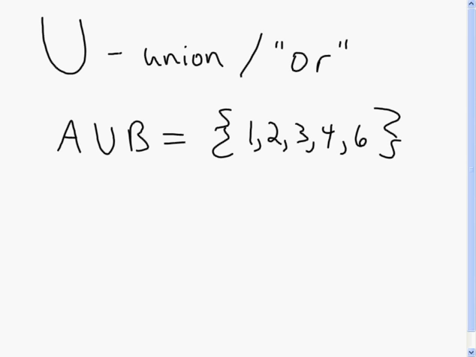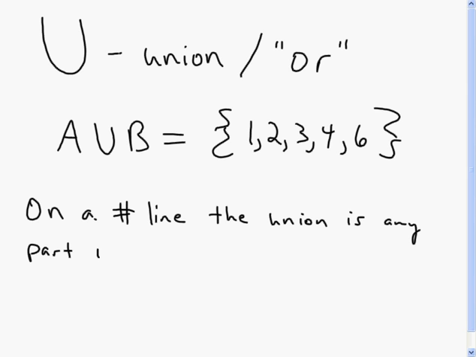On a number line, when you have a compound inequality, the union of those two is going to be anywhere, and this is what you're going to need on a number line, any part of the number line that is shaded one or more times.